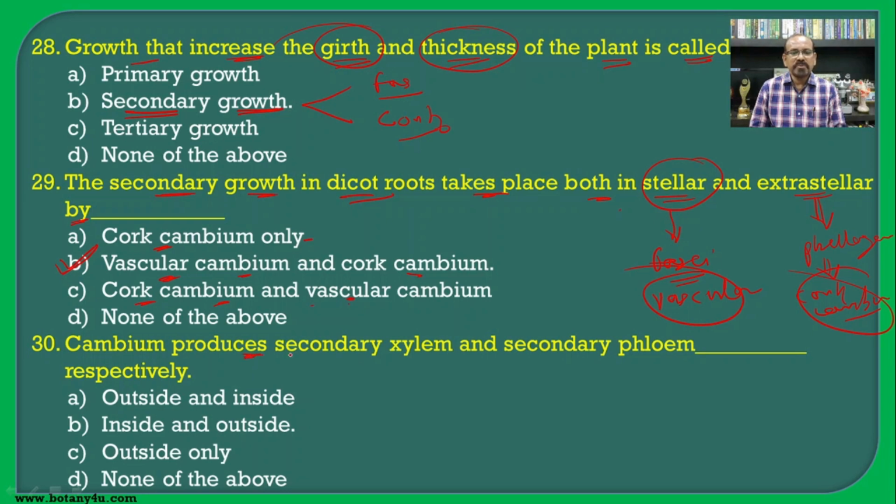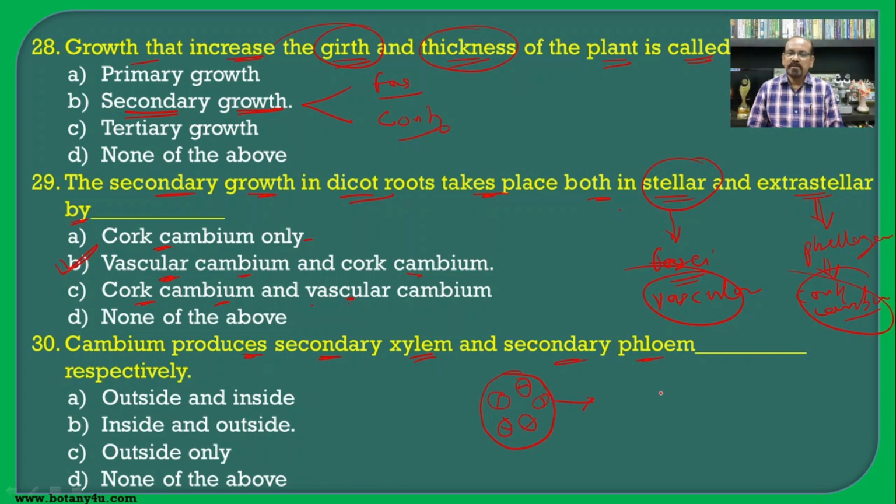Then, cambium produces secondary xylem and secondary phloem. So when we see the dicot stem, in which the vascular bundles are present in a ring, there is a presence of cambium in between the phloem and the xylem.